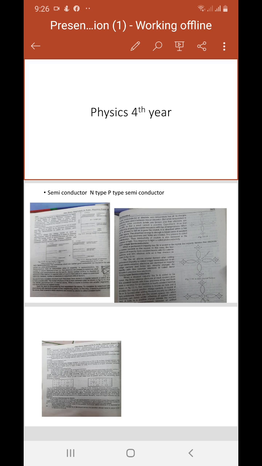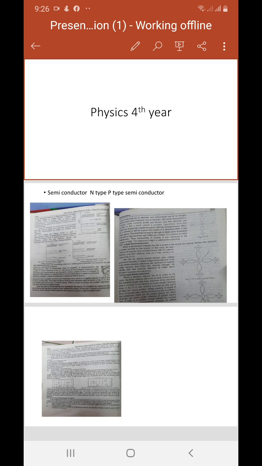Another is pentavalent. When a trivalent impurity is added to a germanium crystal, 3 valence electrons of each trivalent atom form a covalent bond with 3 atoms of germanium, and there exists a vacancy for an electron in the fourth covalent bond, such as aluminum.